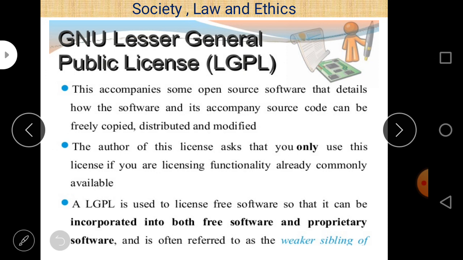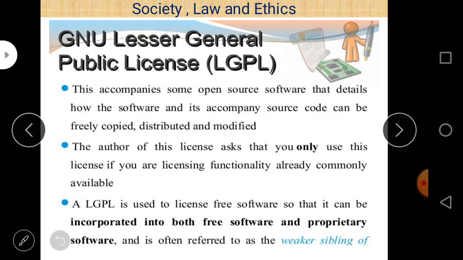And the author of this license asks that you only use this license if you are licensing functionality already commonly available. And third point regarding the LGPL is that LGPL is used to license free software so that it can be incorporated into both free software and proprietary software. So in GNU licenses there is a common term known as the Lesser General Public License, and it offers lesser rights to a work than the standard GPL license.